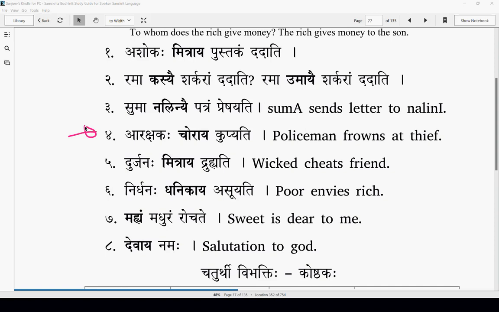Are you there, Pune? Is there anyone? Subhash, begin. Arakshaka Choraya Kupyati. Policeman frowns at the thief.